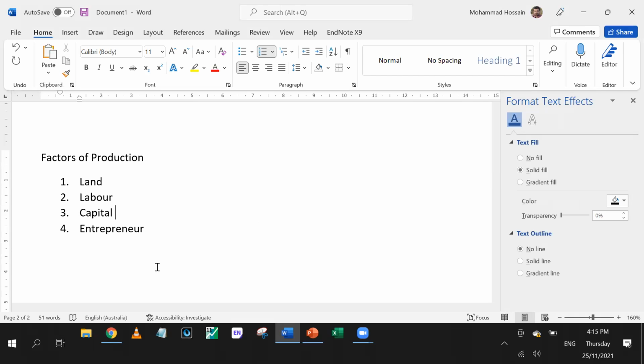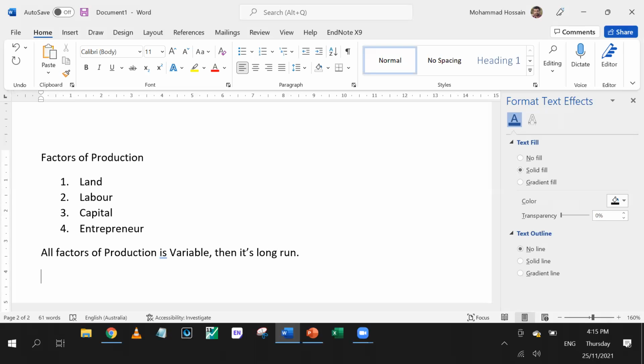Now, the long run and short run in economics actually depend on these factors of production. In economics, when all factors of production are variable, it is the long run.